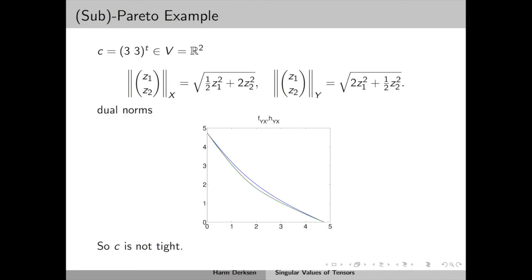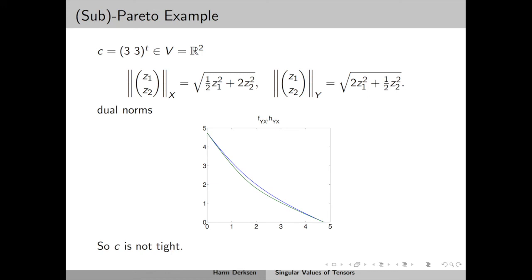So let me just do an example here. This is a simple example where I take a 2-dimensional space. I take 2 norms, and these 2 norms are actually dual to each other. And I take some random vector here, and now I can look at all so-called x2 decompositions and then plot the x norm of A versus the y norm of B. You get this blue graph.